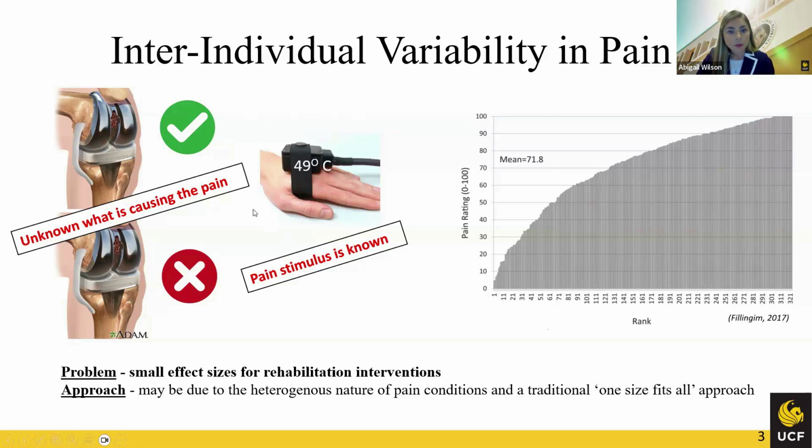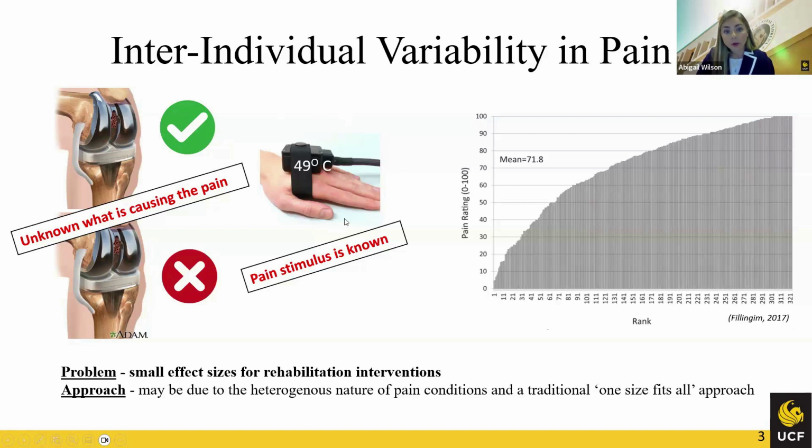So for example, we may apply a thermode set to a hot temperature that's typically a noxious temperature that elicits pain in a majority of people, just a mild to moderate pain intensity, and ask a group of individuals to rate their pain in response to the same noxious stimuli.